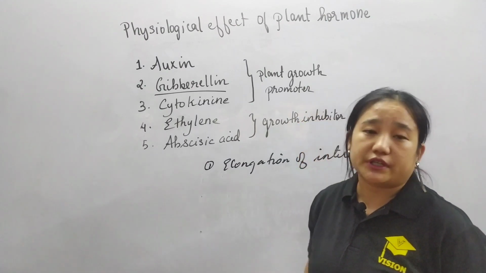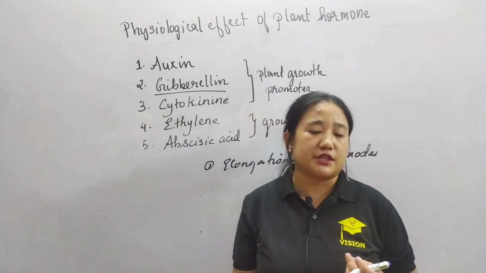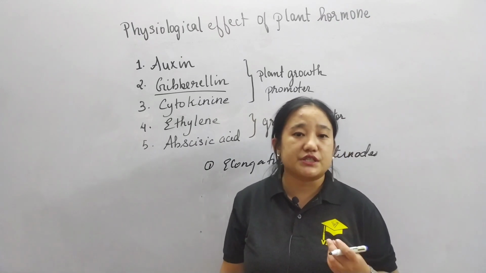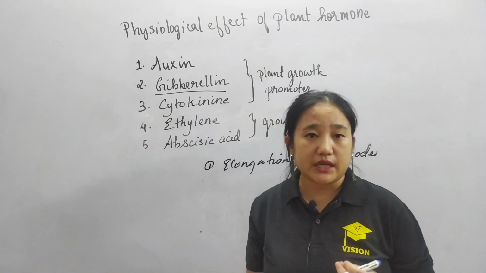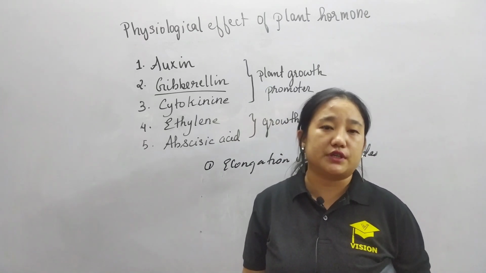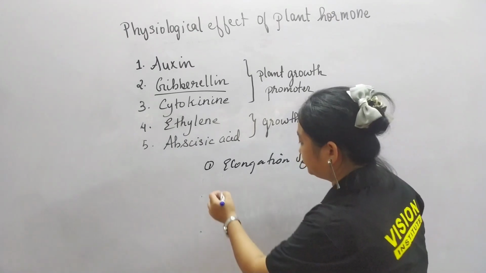And gibberellin is used in grapes and sugarcane cultivation, where it helps in increasing the stalk of the grapes, whereas in sugarcane, when the plants are sprayed with gibberellin, it helps in increasing the stem of the sugarcane and thereby increasing the yield.